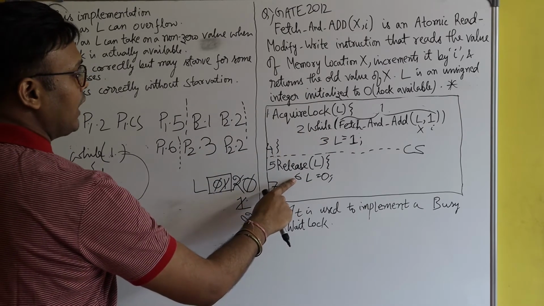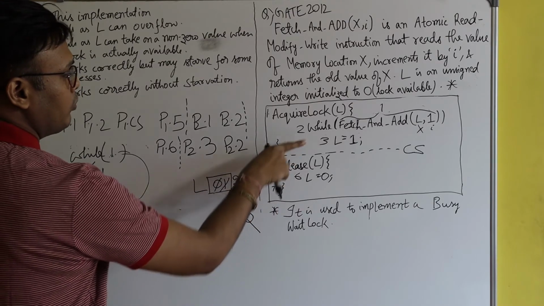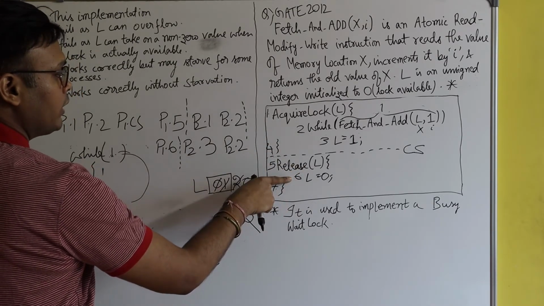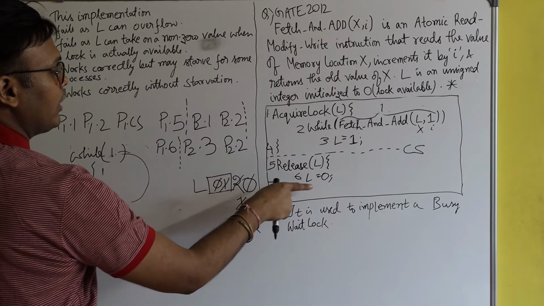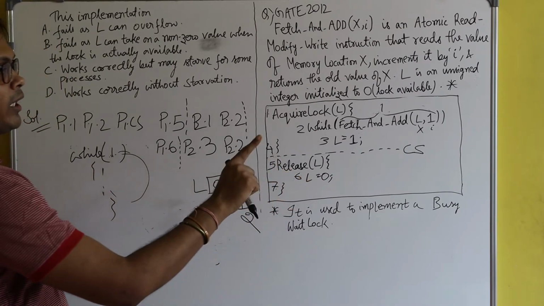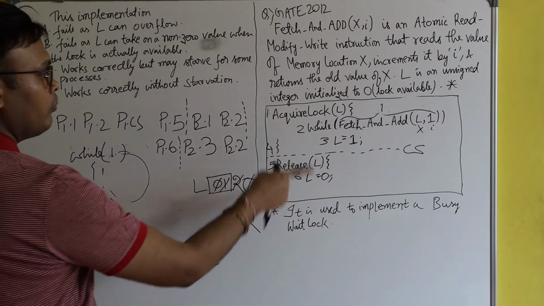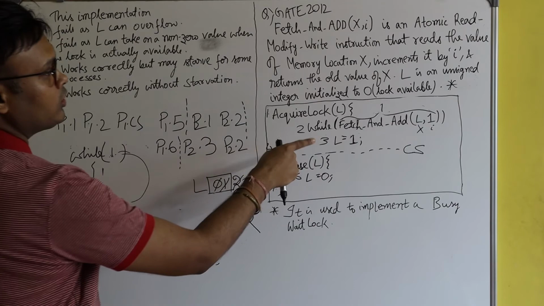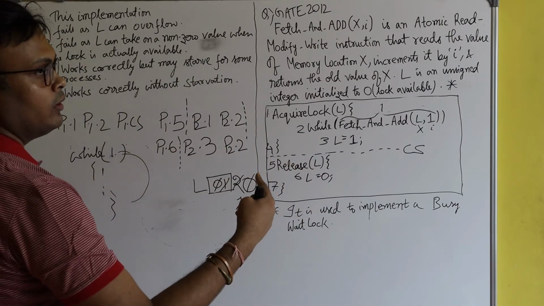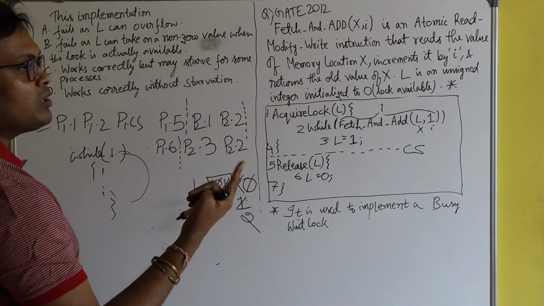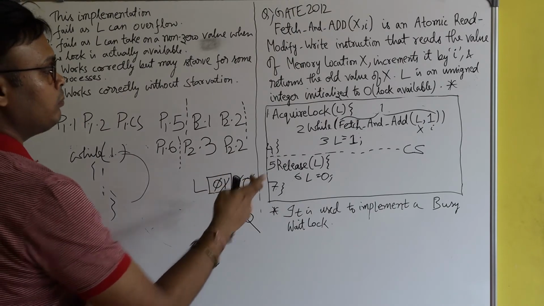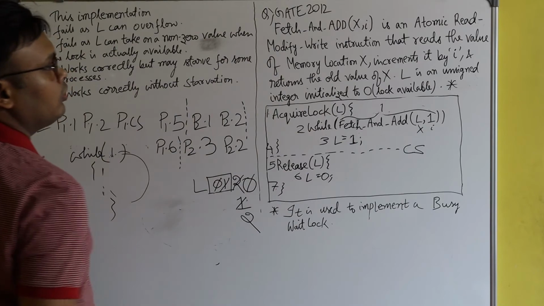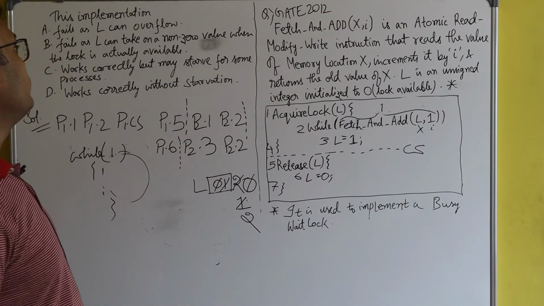Why? Because when P1 executed line number 6, P1 made the value of lock 0, so P1 made the lock available. After this line, process P2 executed line number 3 and again made it 1. 1 means the lock is unavailable. So process P2 got stuck inside the while loop.